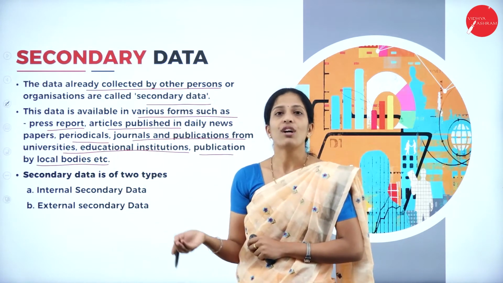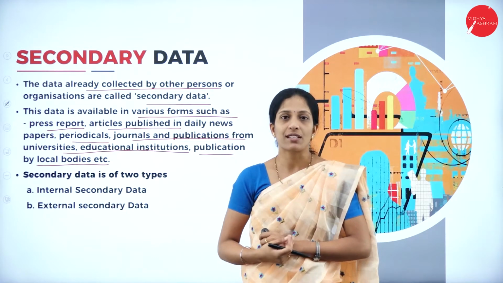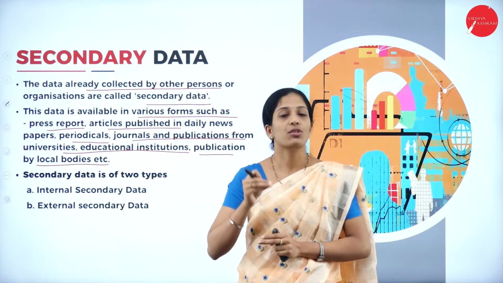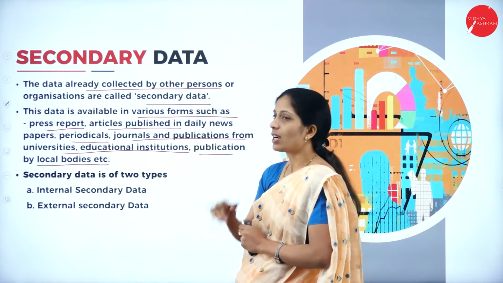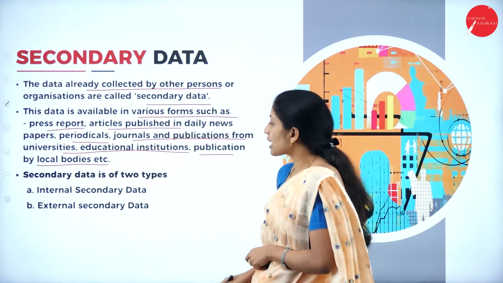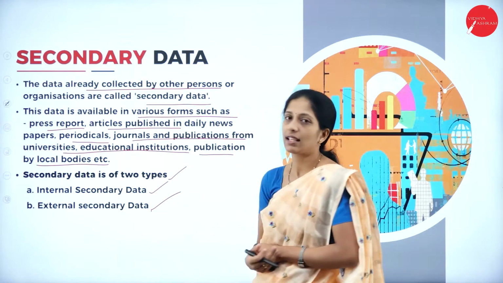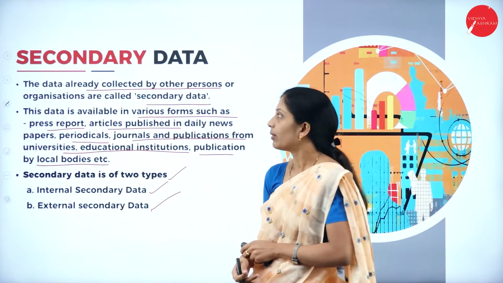So there are a number of sources to collect secondary data which has already been collected by some other individual or organization, from where the researcher takes it and makes use of it. They are termed as secondary data. Secondary data is of two types: internal secondary data and external secondary data. I have already discussed this.